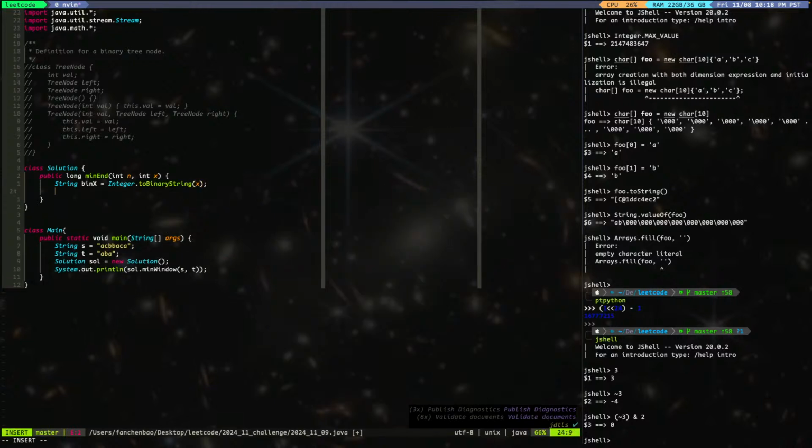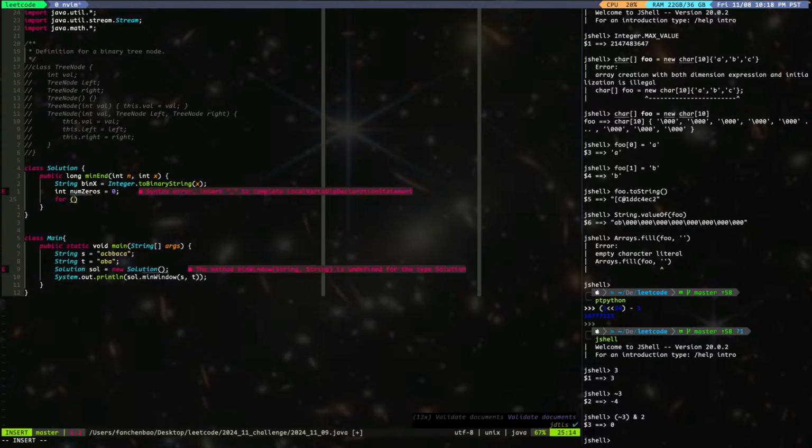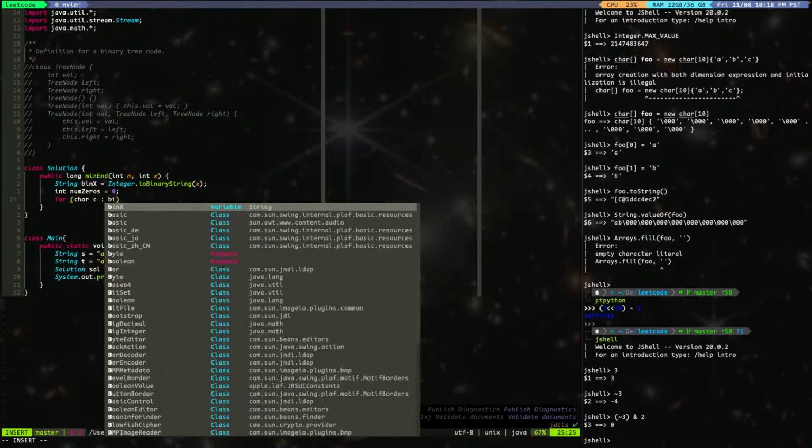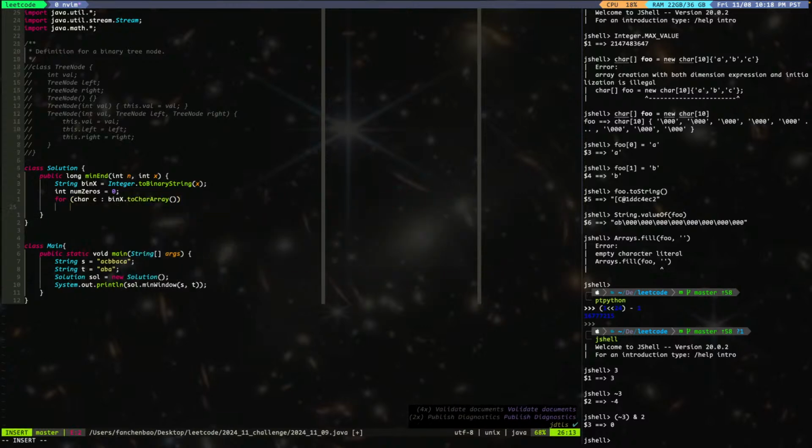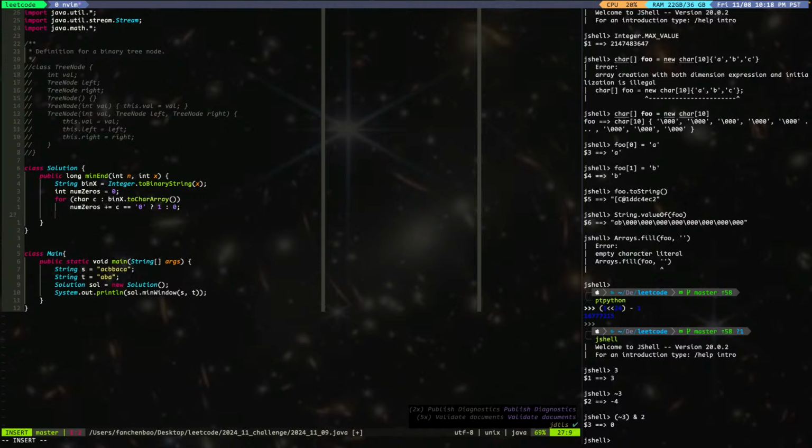Okay, so we got that. And we need to count the number. So int numZeros; for each char c of s.toCharArray(), numZeros plus equals c is equal to 0 ? 1 : 0. Okay, so now we know the number of zeros, right? We know the number of zeros. Okay.